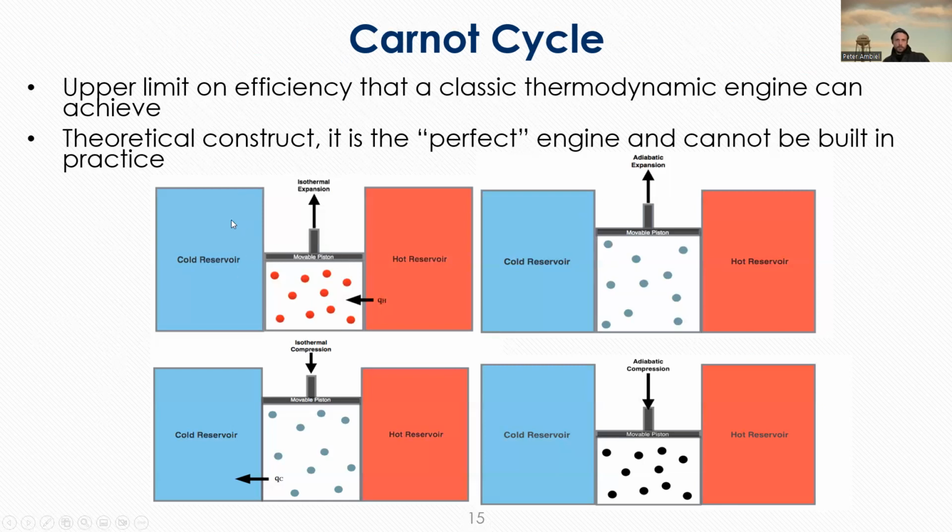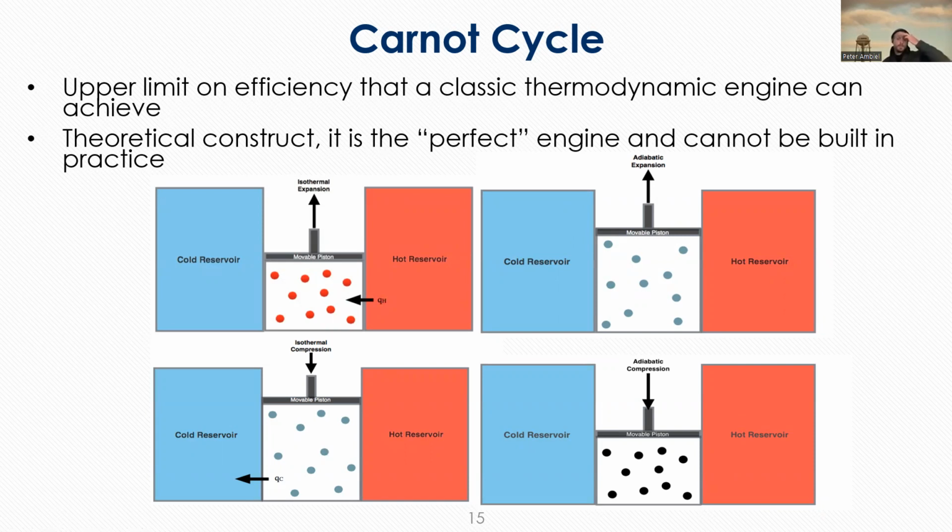The whole point of the thermodynamic cycle is that you can do this and return your system back to its first stage. So you go top left, top right, bottom left, bottom right, and then back over to top left.